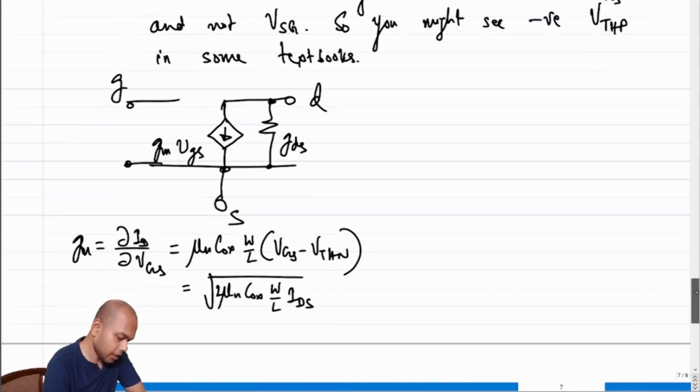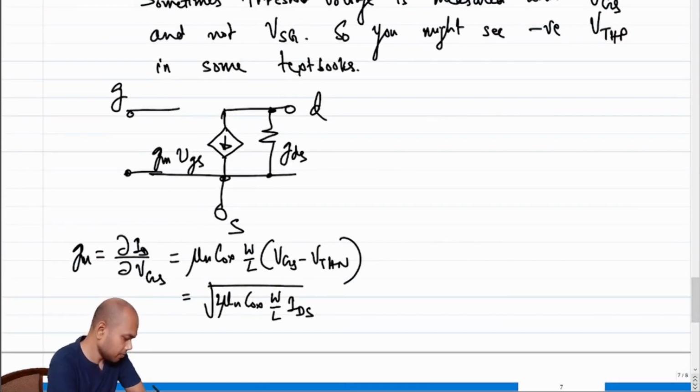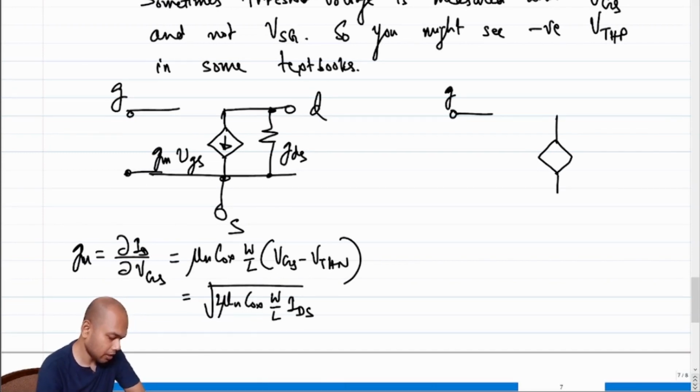So what will be the corresponding incremental model in case of a PMOS? Let's do that. In PMOS also we'll have a gate voltage, right? And we will have an incremental voltage controlled current source which is connected between the drain and the source terminals, and we should also have an incremental resistance connected between the drain and the source terminals.